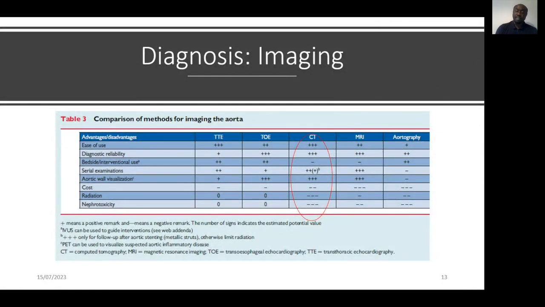So if you're on table and you think you have a dissection, it can be helpful because you cannot go to CT scan at the time. So a patient who is unstable to go to CT scan, then echo can be of use to make an impression of this dissection. MRI is better for follow-up of patients because there's less contrast, and if the patient is young or female, because you need scans every year for follow-up, you opt for MRI to reduce their radiation risk.